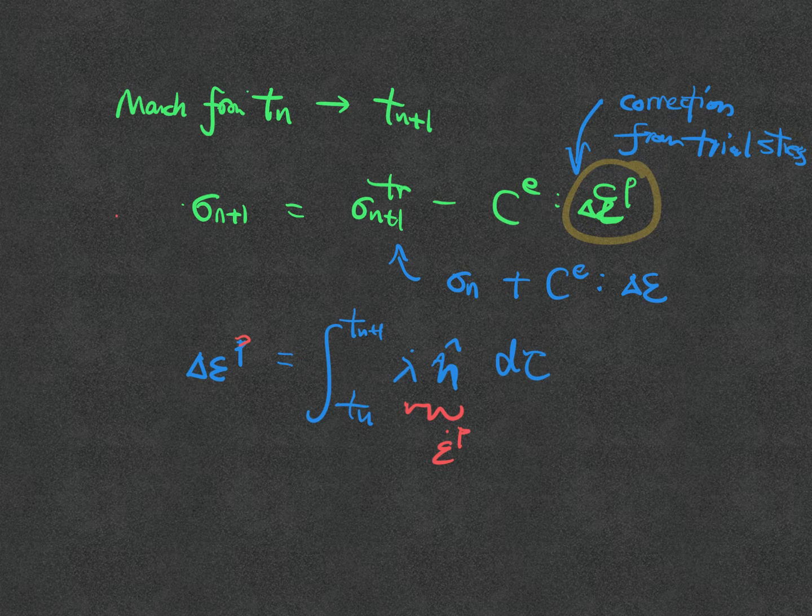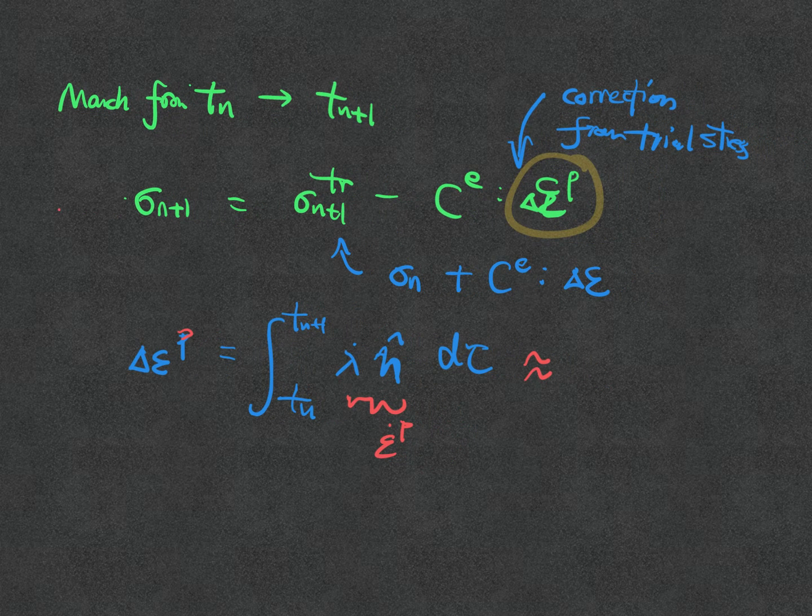Now in practice, I cannot do that because I don't know how the n and the lambda dot change analytically. But I can take a penalty of making it less accurate, and write a simpler expression. I can assume that it equals delta lambda times n plus 1.